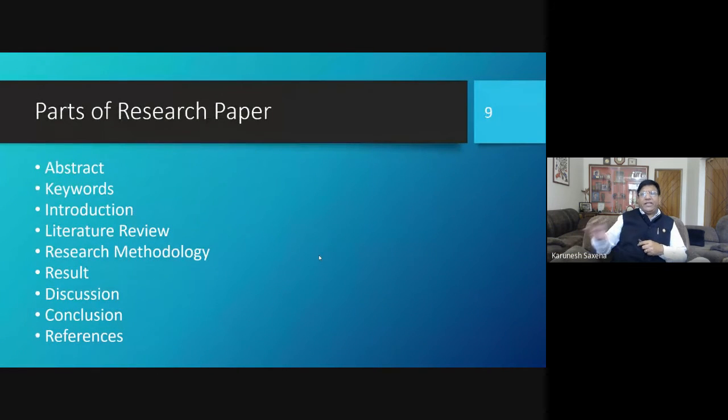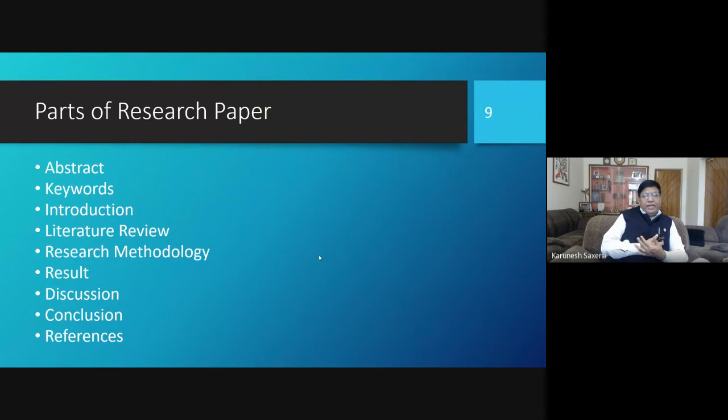It means that it will go to 2 referees, so double, and blind means your name and the title of your paper will not be disclosed to them. And it is peer review because it will go to your seniors in the academic field, so they are your peers. That is why it is called the double-blind peer review technique for evaluating a paper before deciding whether to publish it or not.